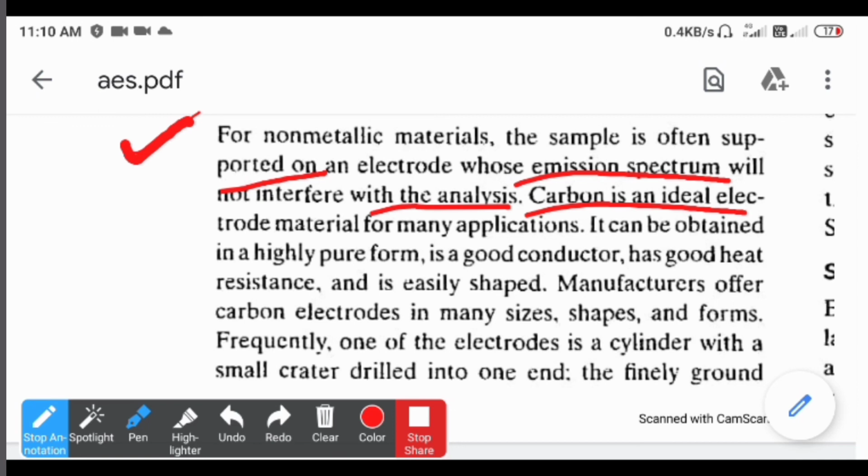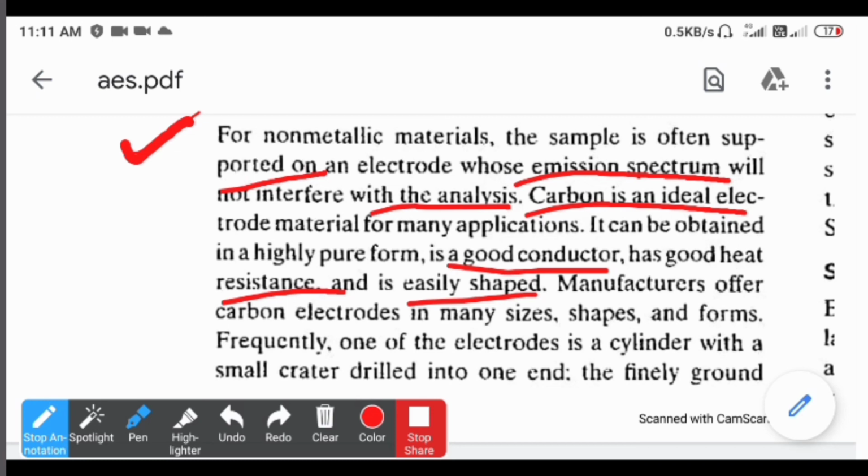Carbon can be obtained in the pure form; it's quite naturally available in pure form. It is also a good conductor of electricity, like graphite, an allotrope of carbon. It also resists heat well, and it can be easily shaped into the required electrode shape. Manufacturers offer carbon electrodes in many sizes, shapes and forms.